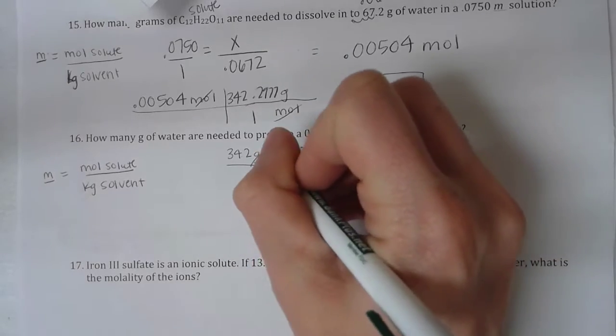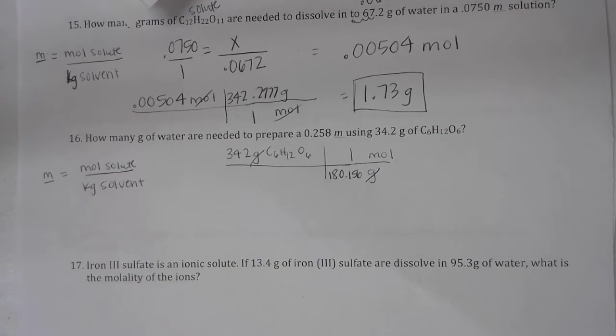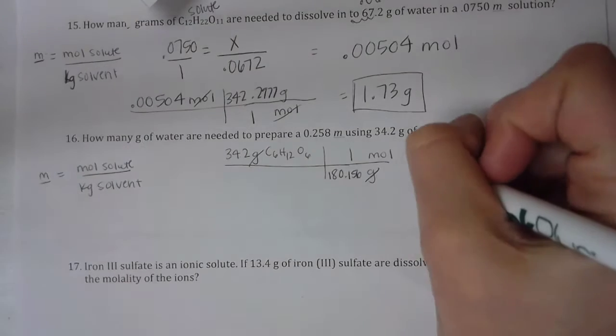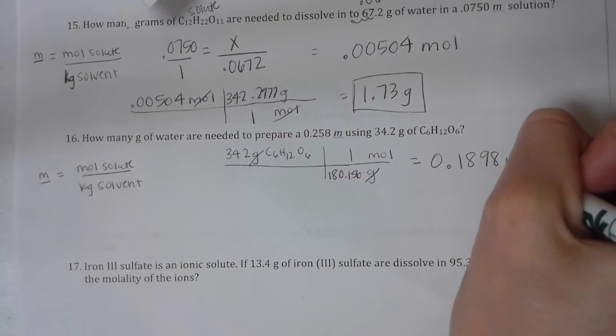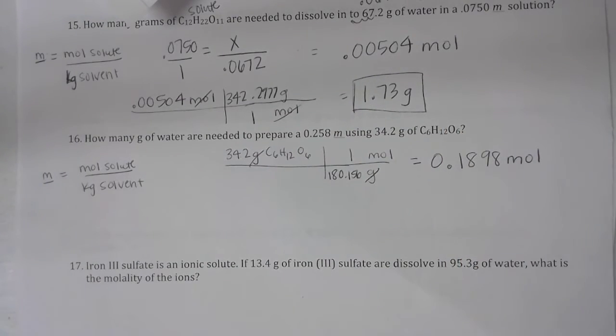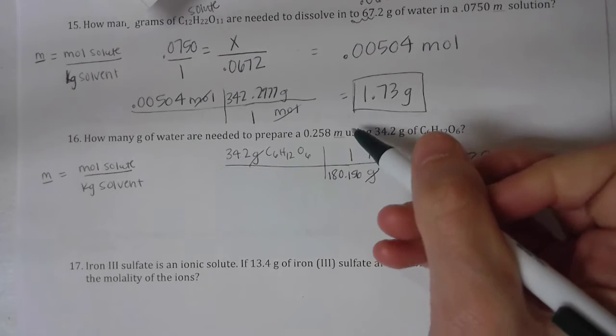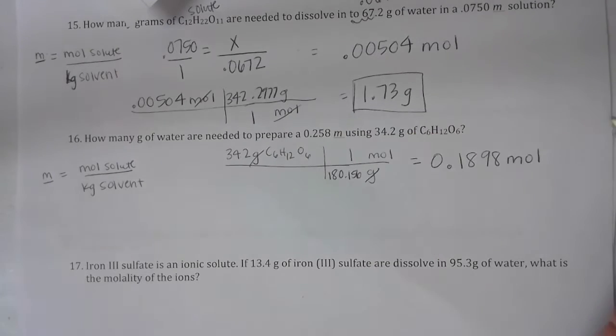So I cancel out grams, and I have 34.2 divided by 180.156. And that will give me 0.1898 moles.